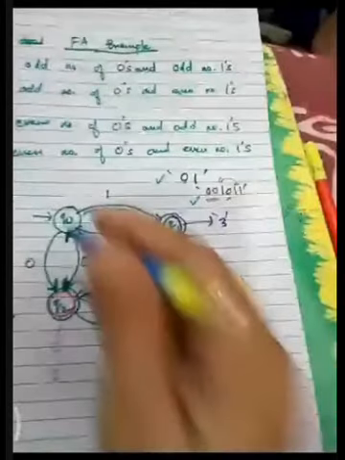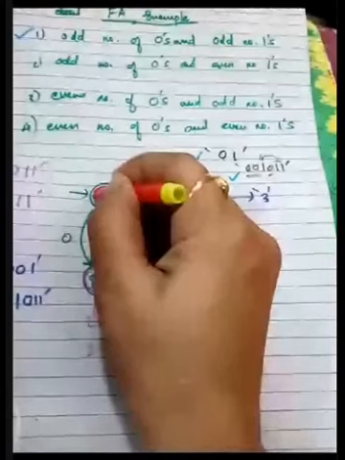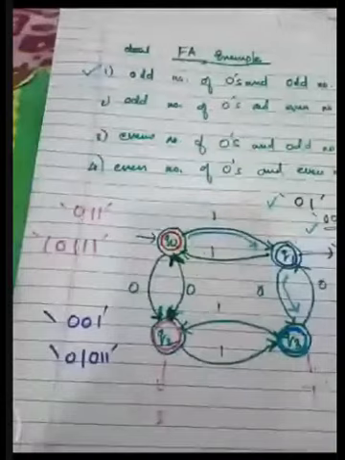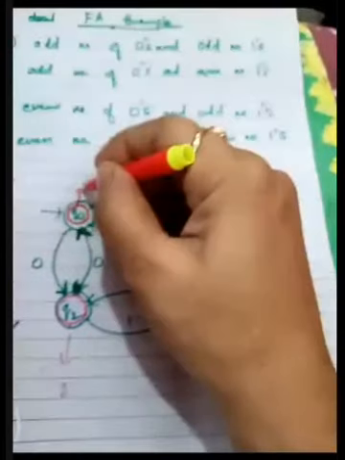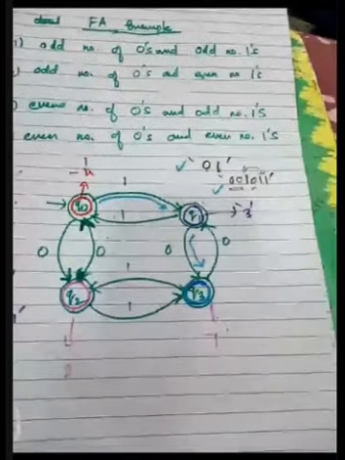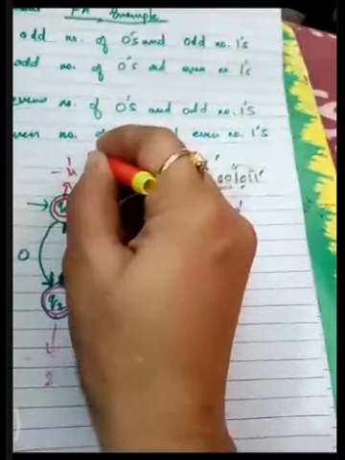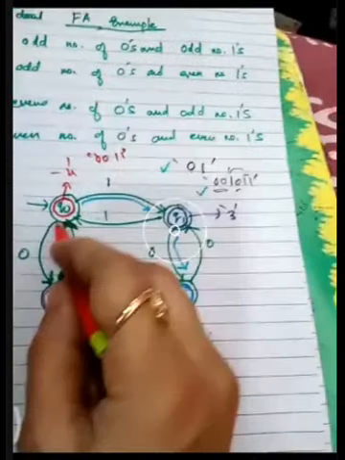So obviously only this state is remaining. So now which state will I make the final state? The final state will be my Q0. So this is the fourth case, that is even number of zeros and even number of ones, so only Q0. We can check whether we reach Q0.